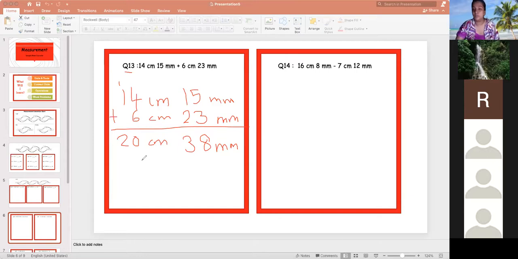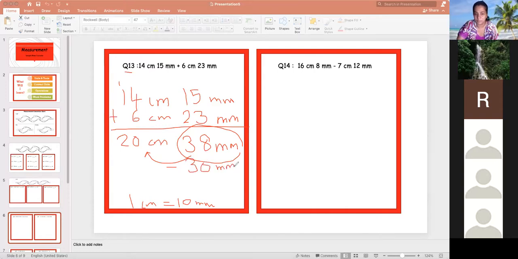Okay? Kalau soalan tanya, bagi semua jawapan dalam sentimeter, then millimeter ni kena tukar pergi sentimeter. Alright, you all know that 1 centimeter is 10 millimeter. Betul? Okay, di sini ada 38 millimeter. So kamu tolaklah 30 millimeter.